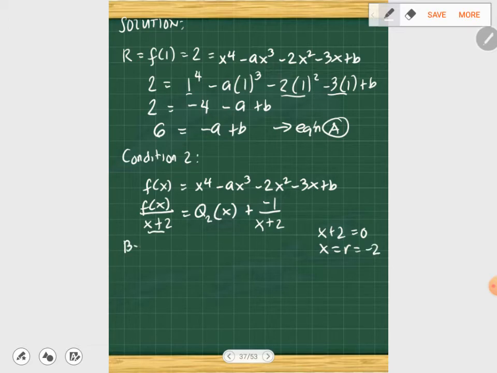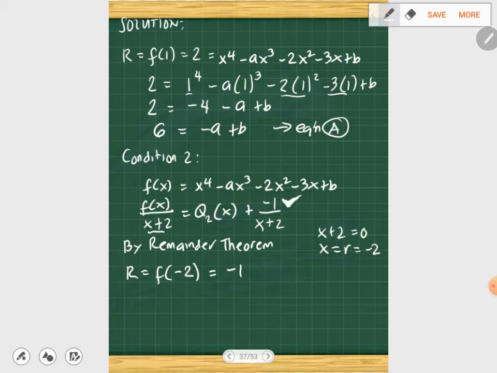So, by remainder theorem, yung r must be in function of yung r na to, which is negative 2. So, yung value ng remainder natin is ito yan, di ba? Ito yan, ha?